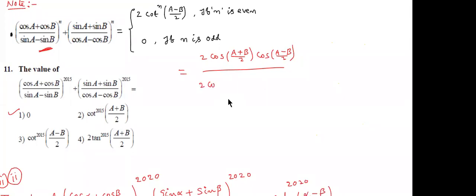What is the formula? 2 cos (C plus D) by 2. That means here (A plus B) by 2, sin or cos? Cos only. Cos (A minus B) by 2, and whole power n. So here which terms are going to cancel, students?